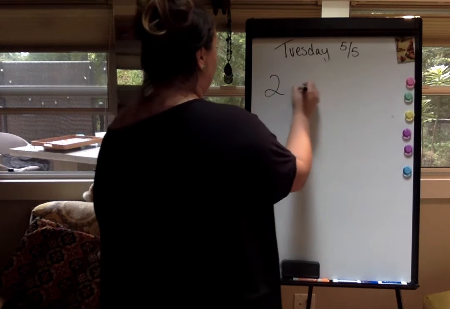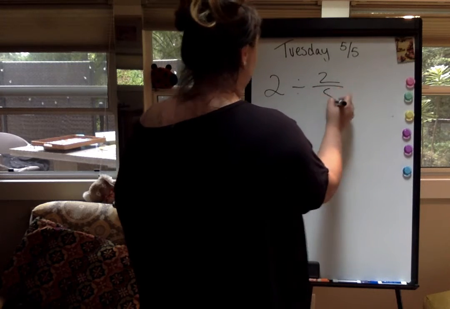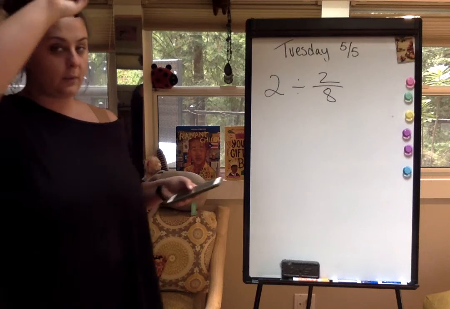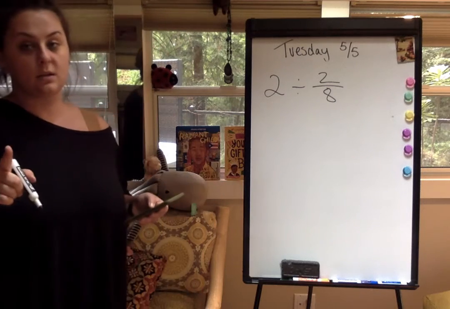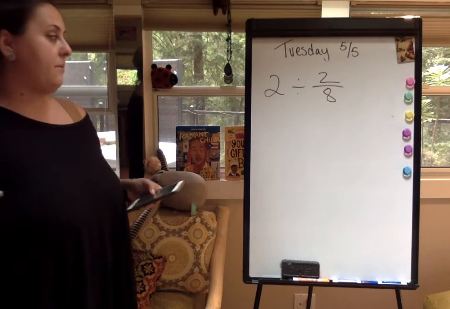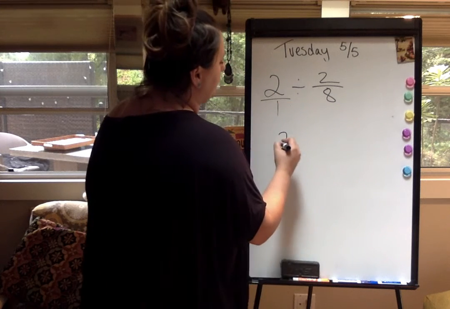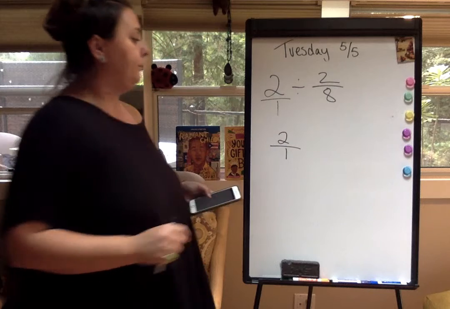Okay, we have to find the quotient. Remember, quotient means division. Okay? So first, make your whole number into a fraction. And I'm going to rewrite mine. Okay?